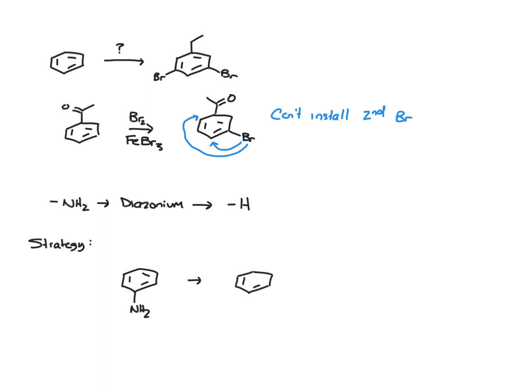We're going to convert that to a bulky group. That will allow us to install the ethyl. Then what we're going to do is remove.